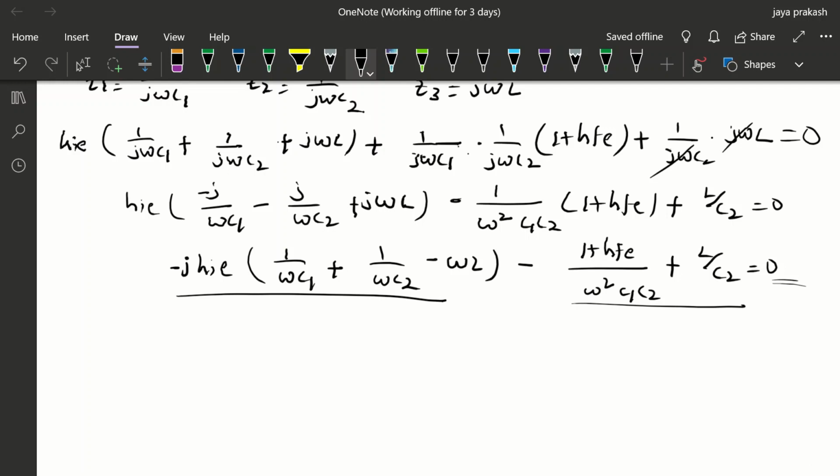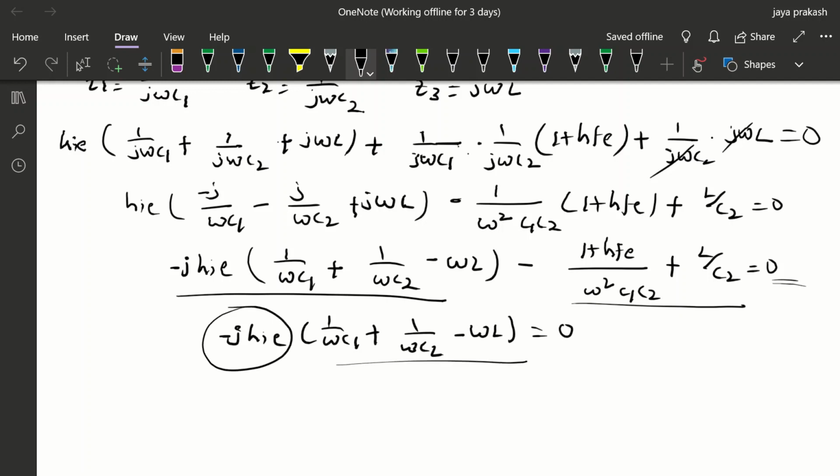If you are making equal the imaginary terms and real terms, first I am making the imaginary term equal to 0. So j hie into 1 upon omega C1 plus 1 upon omega C2 minus omega L is equal to 0. So this term can't be 0. So the term which can be 0 is 1 upon omega C1 plus 1 upon omega C2 minus omega L is equal to 0.